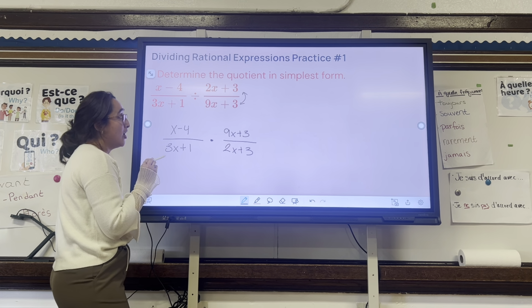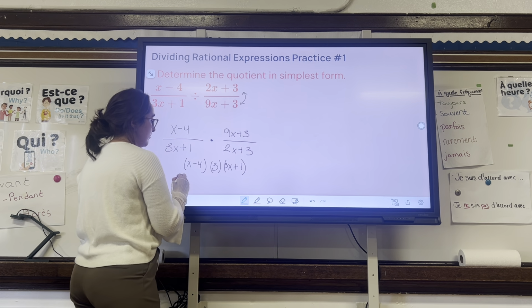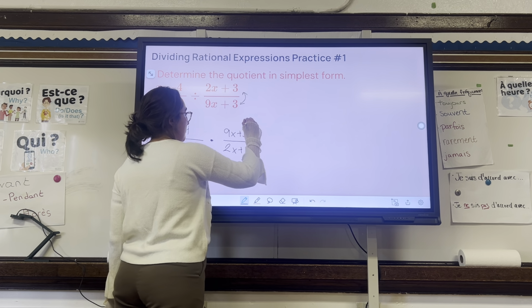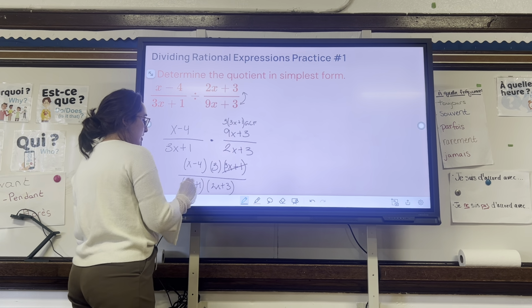Alright? So that becomes x minus 4, 3x plus 1, because this is GCF. You take out a 3, 3x plus 1. Then 3x plus 1, 2x plus 3. So here, the only factor you can take out is 3x plus 1, right?